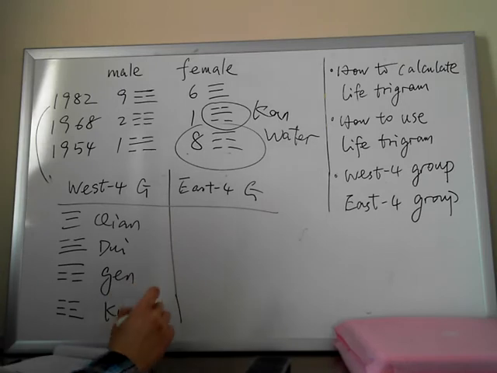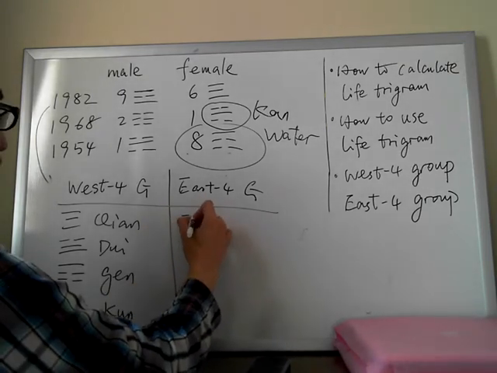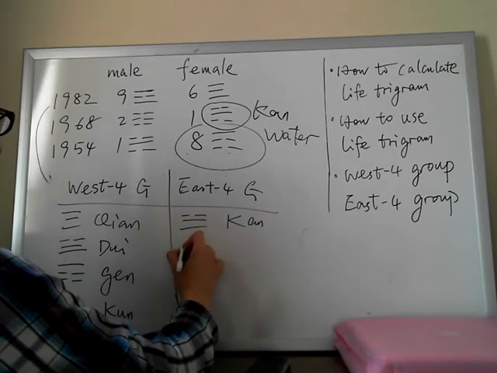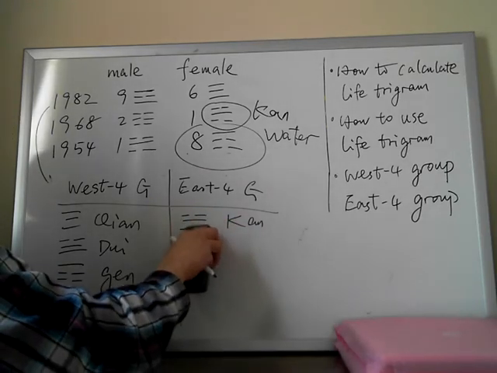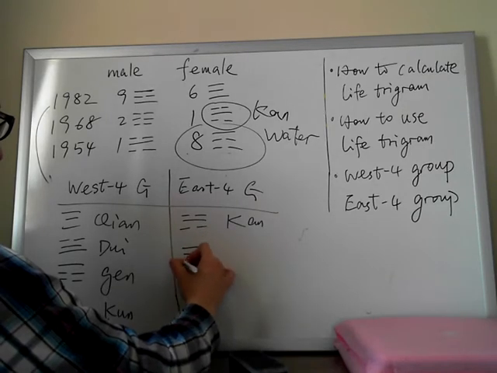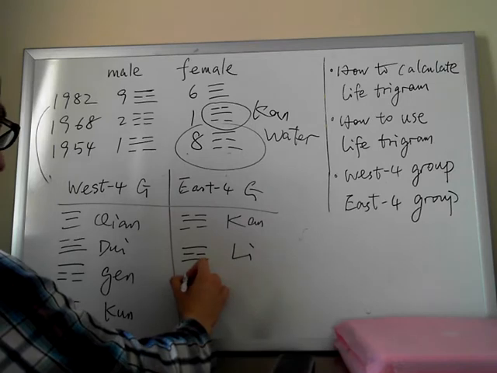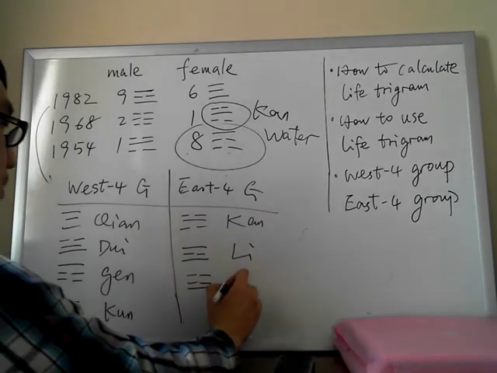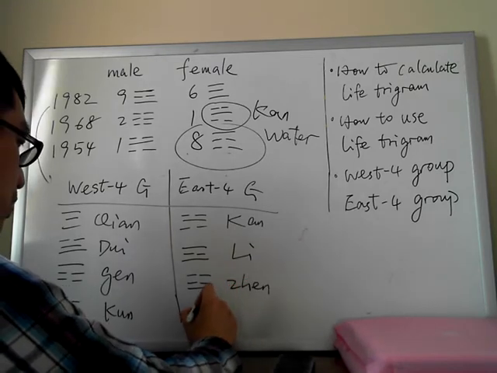The trigrams in the West 4 group are qian, dui, gen, kun. And the trigrams in the East 4 group are kan, li, zhen, xun.